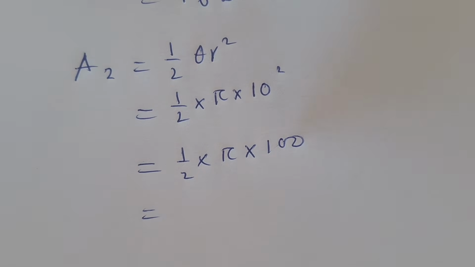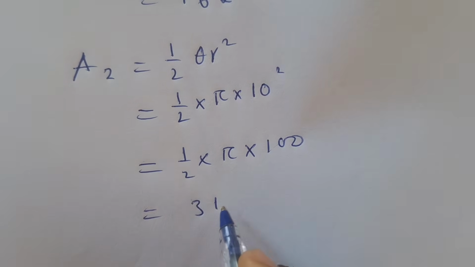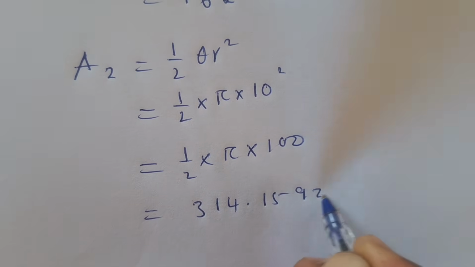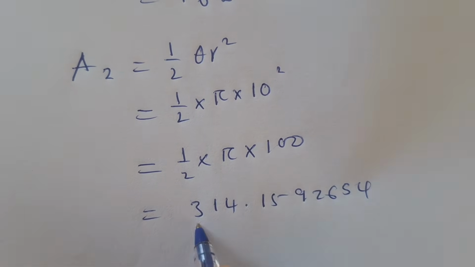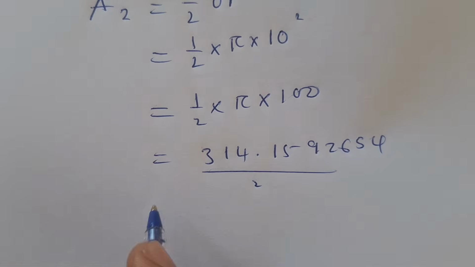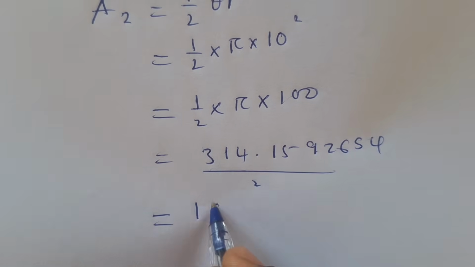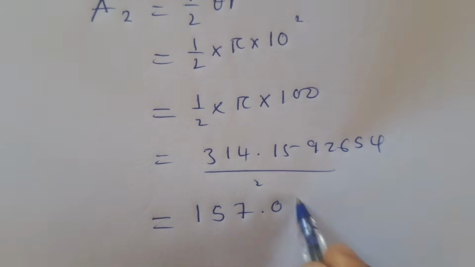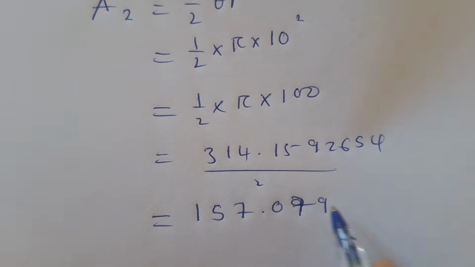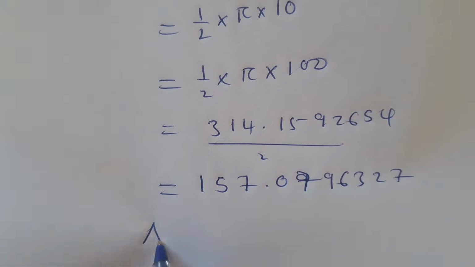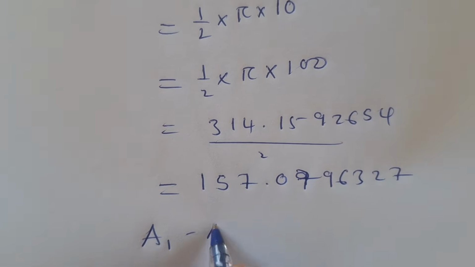This will be pi times 100. It's giving us 314.1592654. We divide by 2. Area 2 will be equal to 157.0796327.